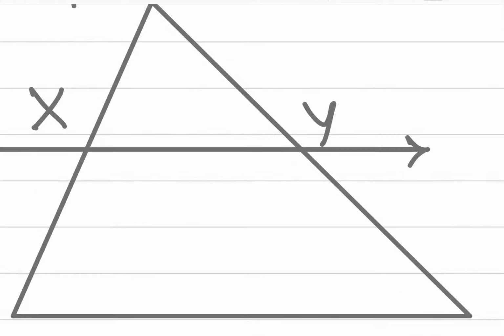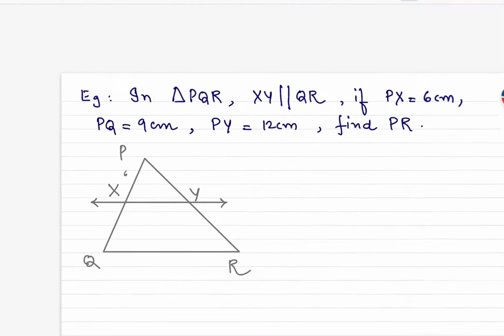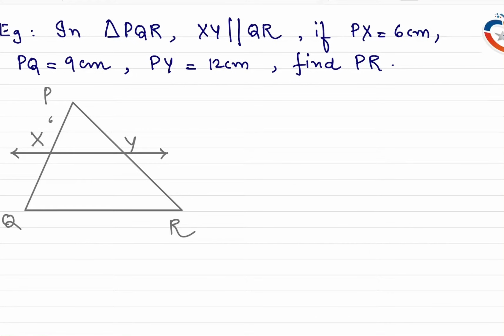PX is equal to 6 centimeters. PQ, the whole PQ is given 9 centimeters. So this whole segment is 9 centimeters. Clear? PY is equal to 12 centimeters. And you got to find PR.